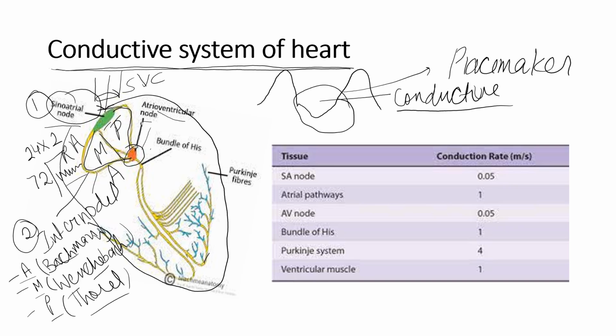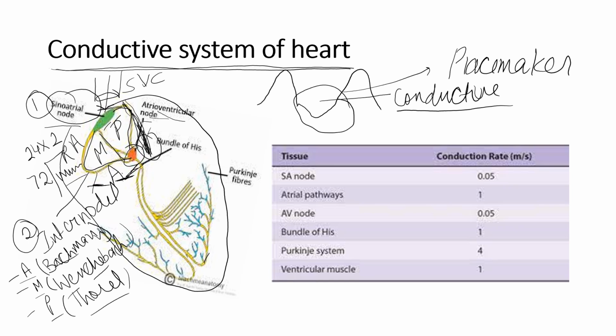Then coming to your AV node, you will explain where it is situated, right? First of all, it is situated in the interatrial septum, at the lower end of the interatrial septum, and near the tricuspid valve.